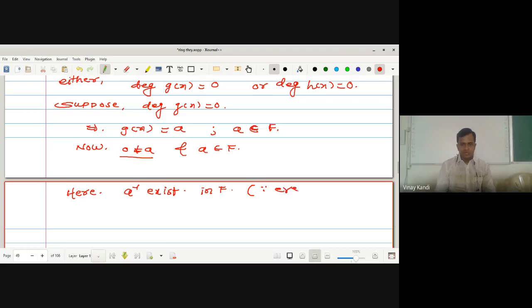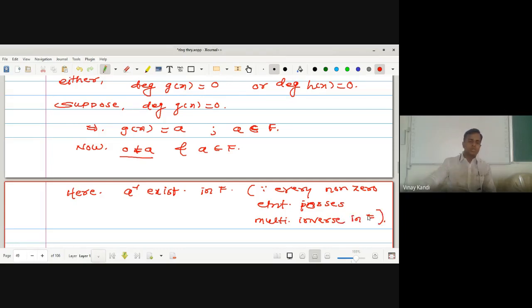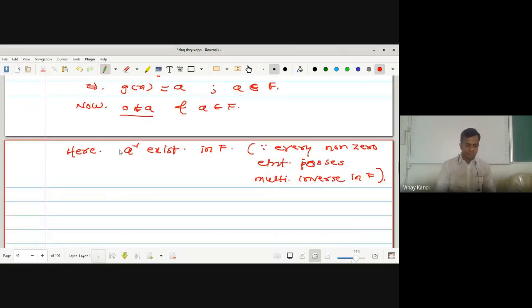Since every non-zero element in F possesses multiplicative inverse in F. Okay, so a inverse exists in F. Okay, so what it implies? a is unit in F of x. म्हणजेच F of x मध्ये काय असेल तो युनिट असायला हवा.